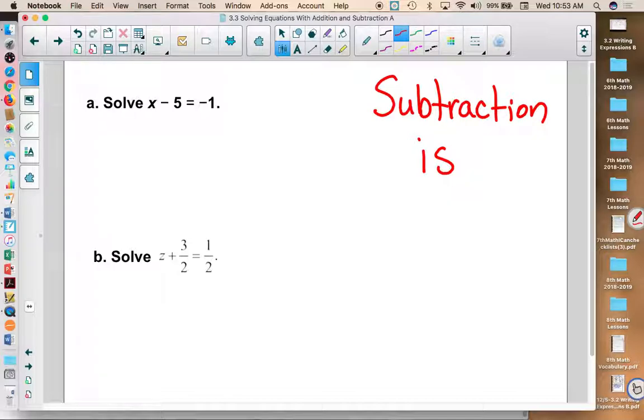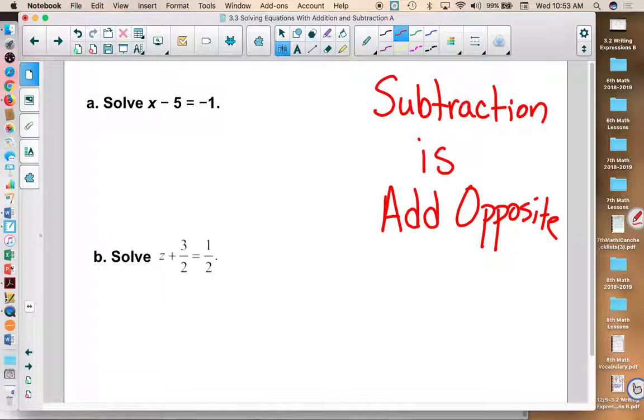Subtraction is what, Paige? Add opposite. That is the first thing we do when we see a subtraction statement. So do it. Add opposite.